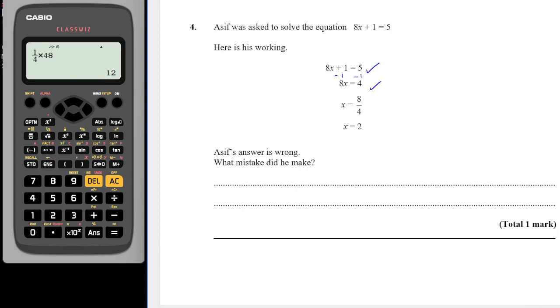He would then need to divide both sides by 8, which he has not done. So I'm going to circle the mistake. What mistake did he make on the third line? He should have done 4 divided by 8.